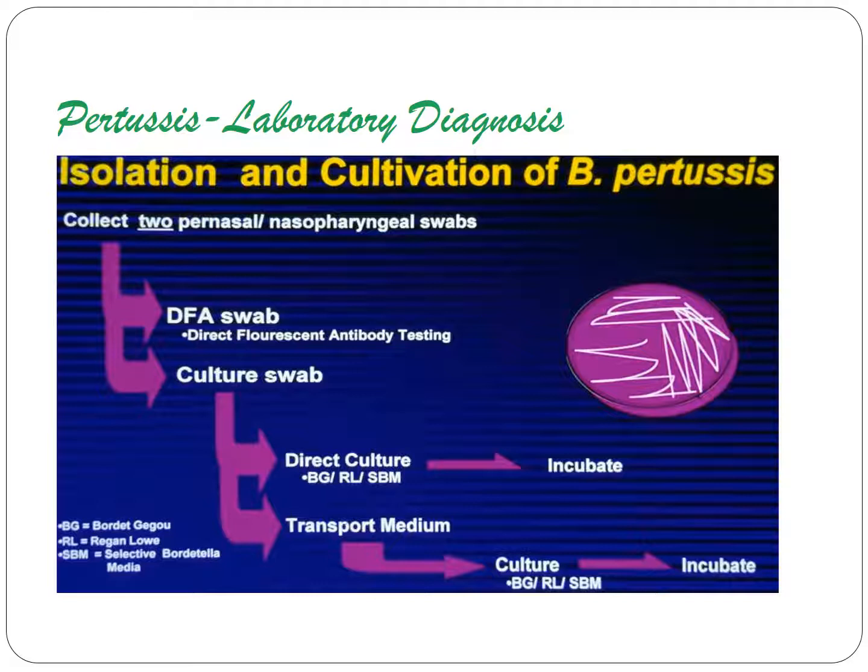Because culture is considered the gold standard laboratory test and is the most specific of the laboratory tests for pertussis, what we need are really good, well-collected samples, and the recommended way to obtain samples is using 2 paranasal or nasopharyngeal swabs. One is for direct fluorescent antibody testing, and the other one for culture.